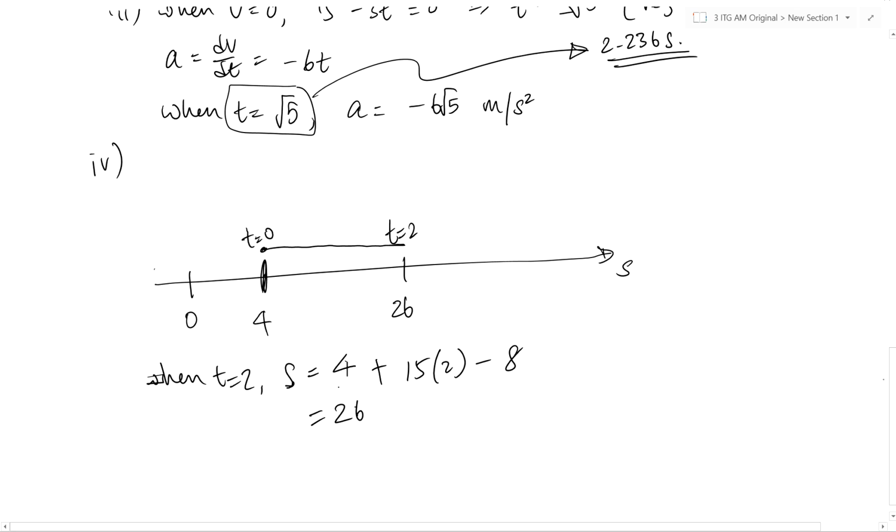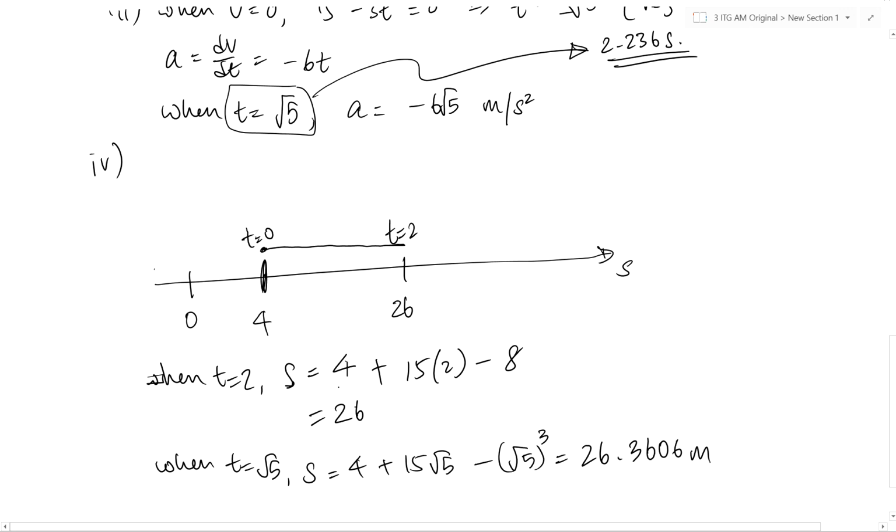So we need the displacement when time equals root 5. When t equals root 5, s is 4 plus 15 root 5 minus root 5 to the power 3. And how much is this? 26.3606.